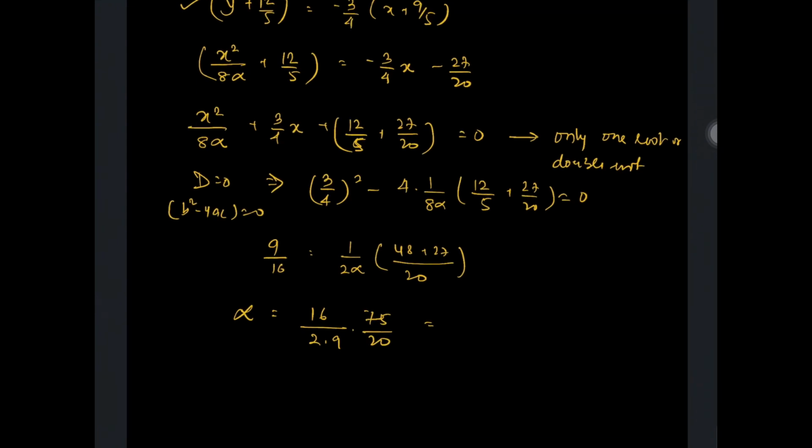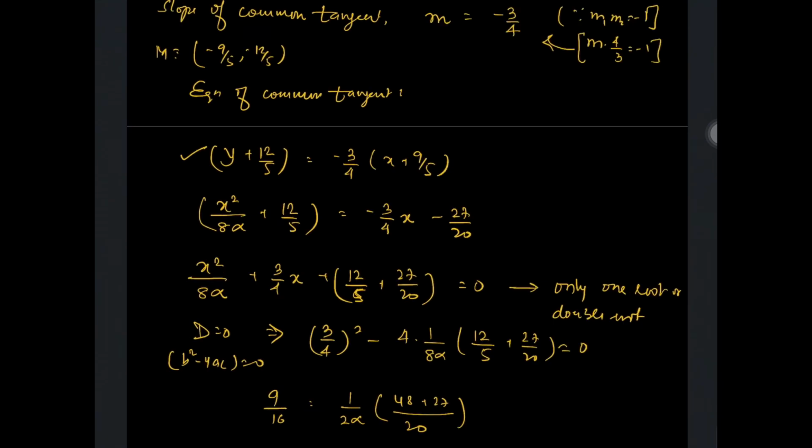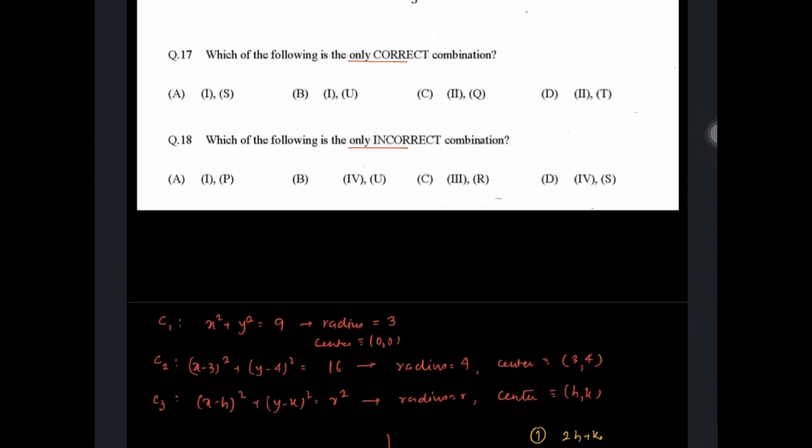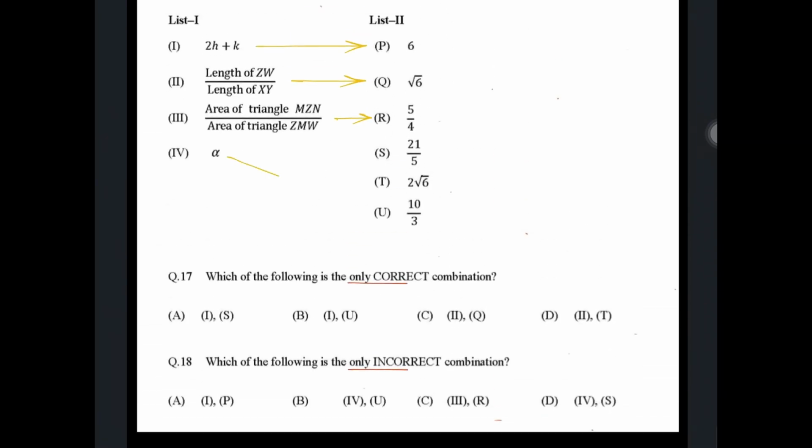So this is 4 into 75 by 2 into 9 into 5. This is 4 into 15 by 2 into 9. So alpha is 2 into 5 by 3, which is 10 by 3. Let's see, alpha will match with 10 by 3.